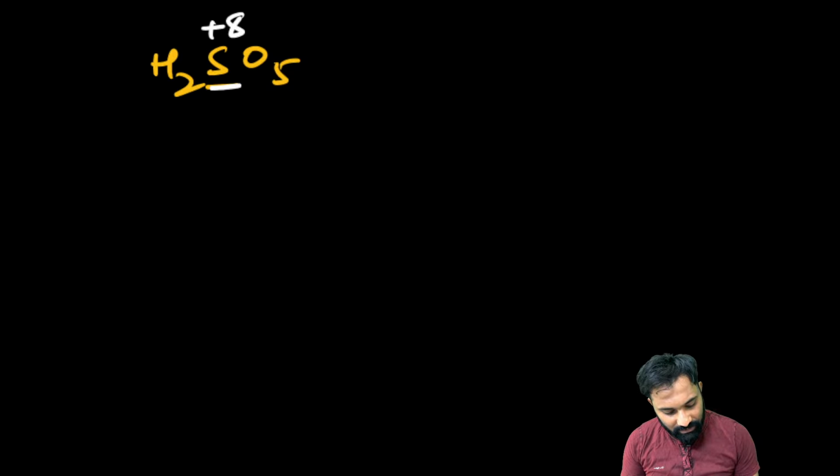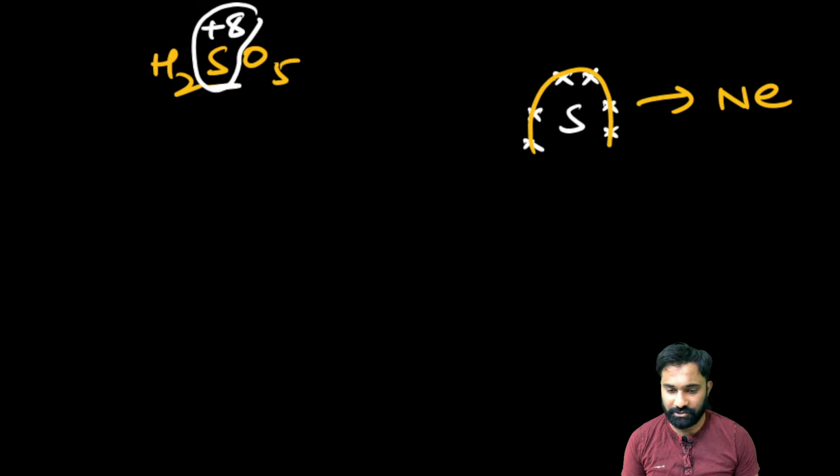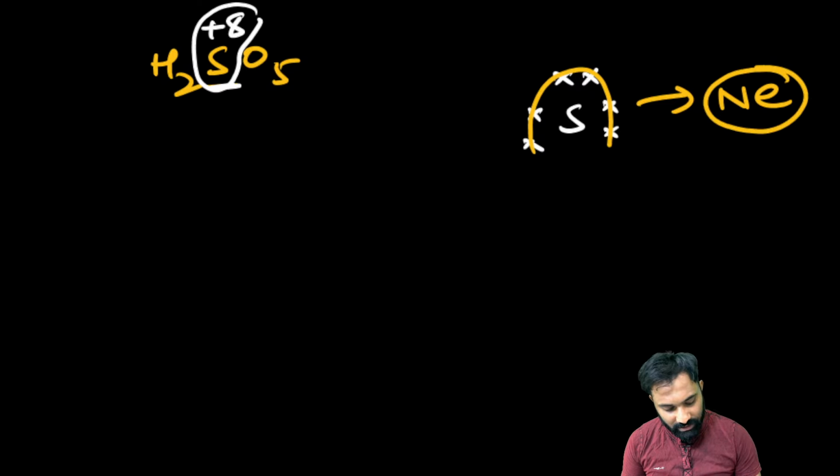Now the central atom here is sulfur. Sulfur valence electrons are how many? Sulfur valence electrons are 6. If sulfur loses its 6 electrons, it will reach the neon electronic configuration.